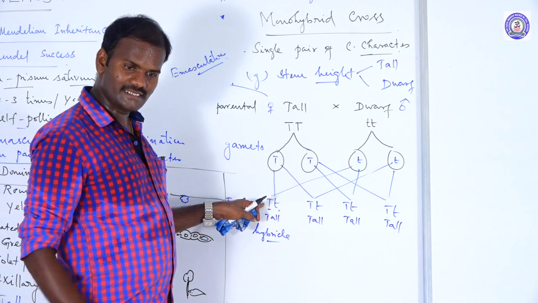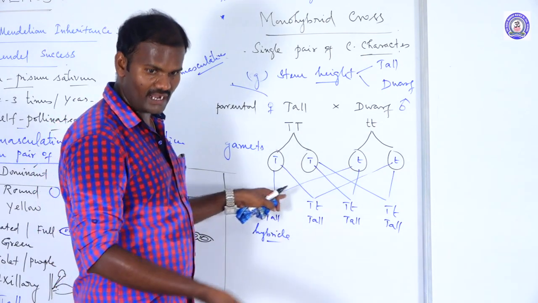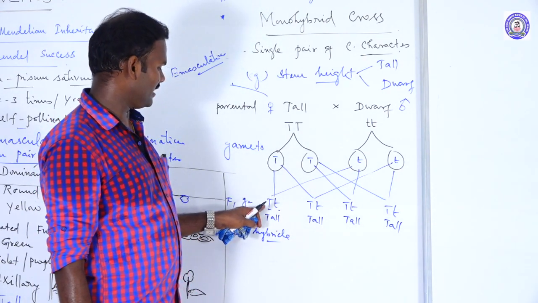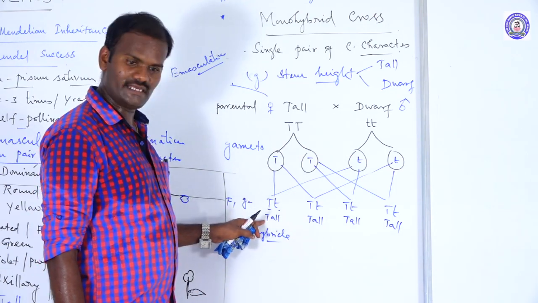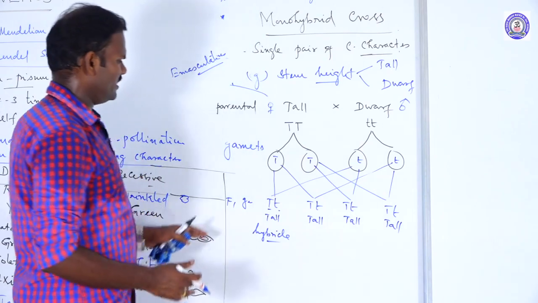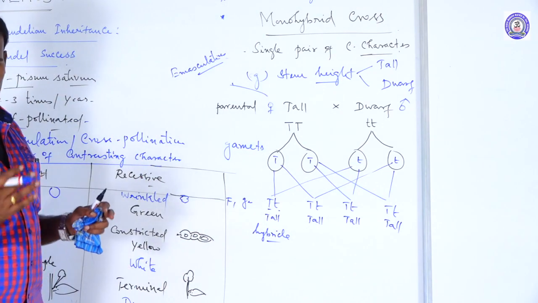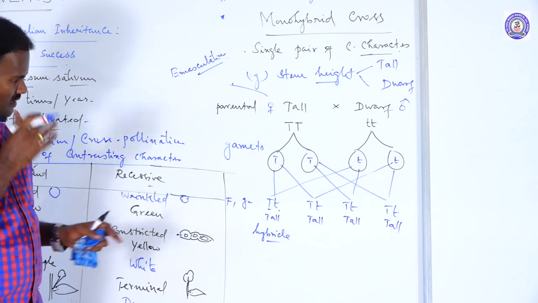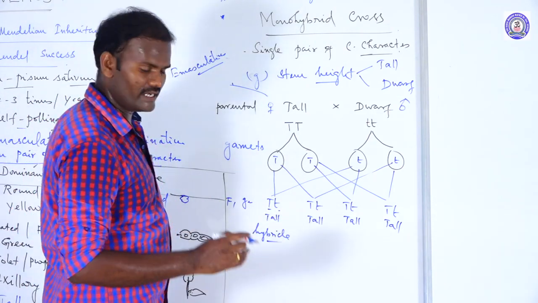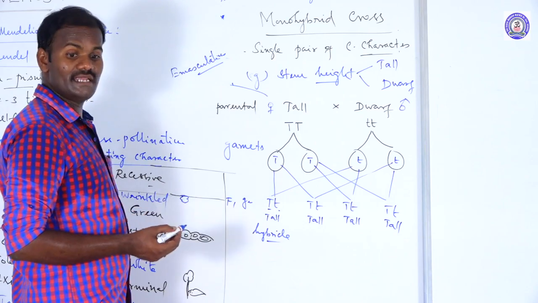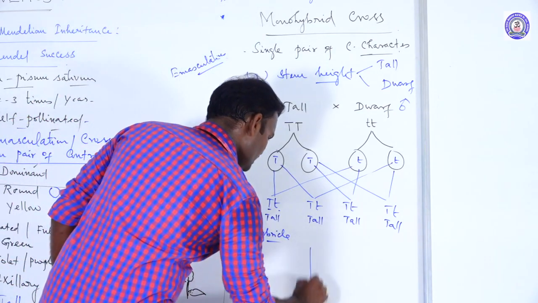Among the two alleles, only one is dominant over the other. The dominant character controls over the recessive character, which is why only tall is expressed. This may be confusing, but it is better understood by plotting the gametes in a Punnett square. The Punnett square was first devised by Reginald Punnett.